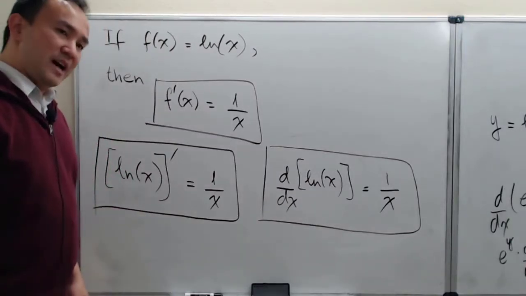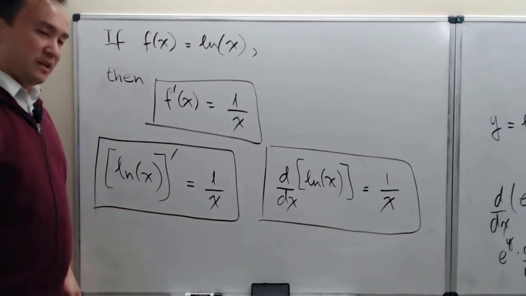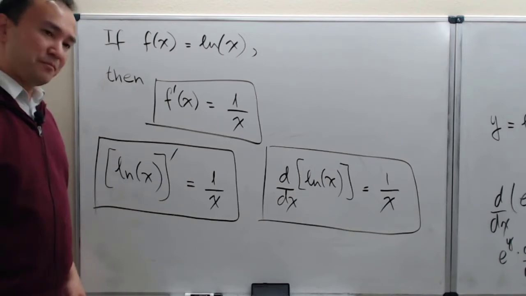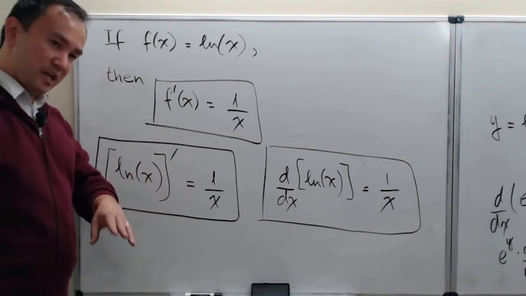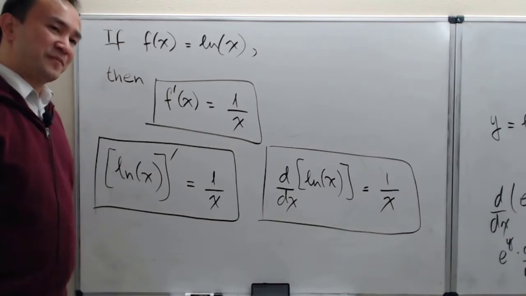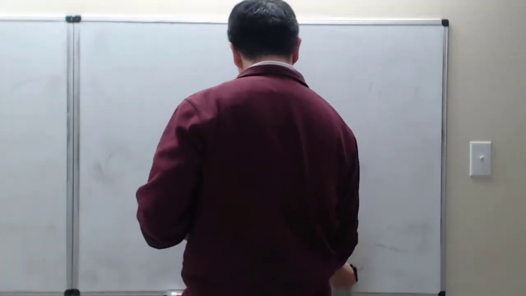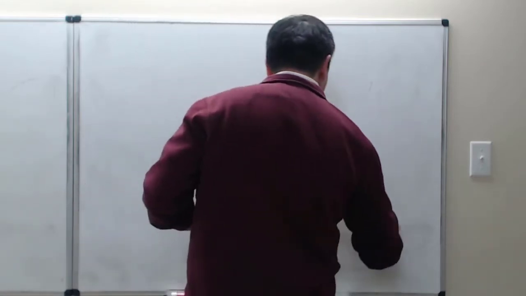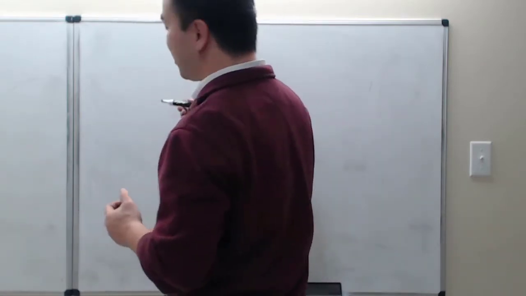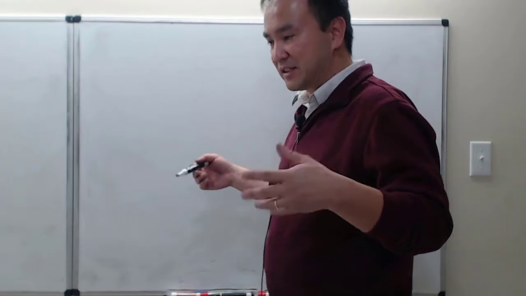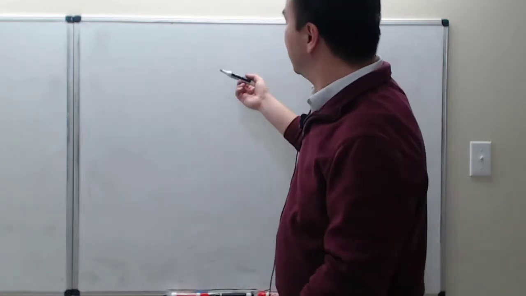All right, so that's how we find the derivative of the natural log function, the logarithm base e as a function of x. Now to conclude with an actual formula, an actual rule for a general logarithm, a log of any base, it doesn't have to be e.